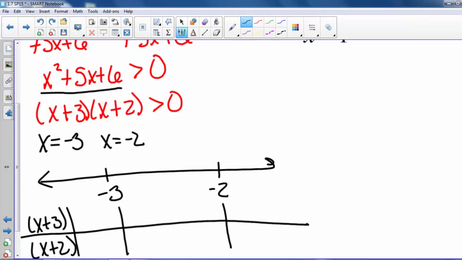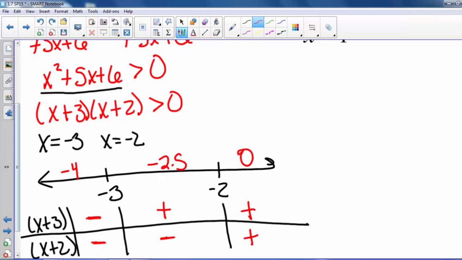So x plus 3, if we pick a test point like -4, x plus 3 is going to be negative, and x plus 2, so -4 plus 2 is still negative. If we pick something between -3 and -2, like -2.5, -2.5 plus 3 is positive, -2.5 plus 2 is negative. Something greater than -2, like 0, gives us positive and positive.